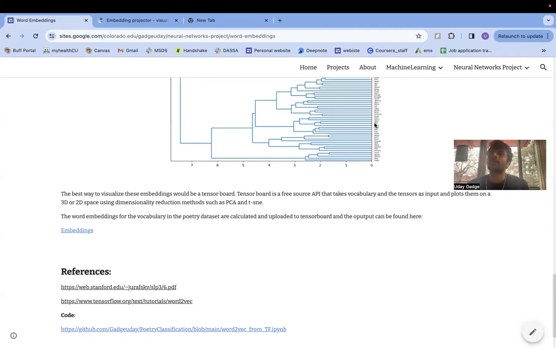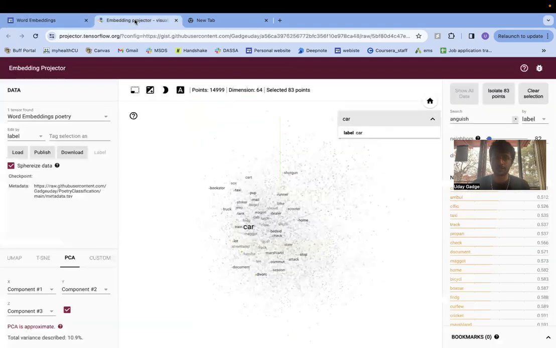TensorBoard is an API by TensorFlow, where you can pass the word embedding arrays that we've generated and metadata, and it reduces the dimensionality of these embeddings to 2 or 3, using several dimensionality reductions like PCA or t-SNE, and it projects them onto this 3D space.